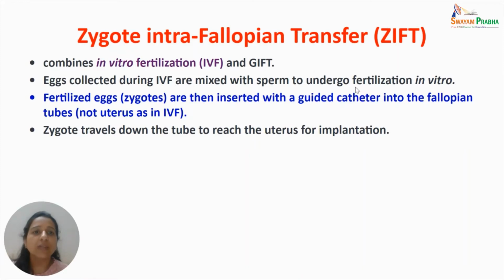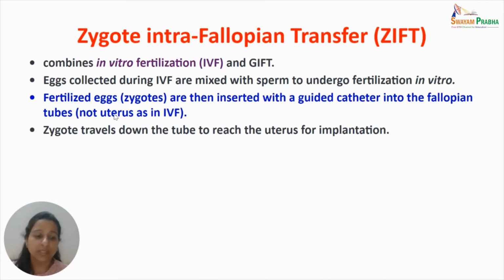So in ZIFT, the fertilization happens in vitro and the zygotes are transferred into the fallopian tube so as to start their development, unlike the IVF where the fertilized embryos are transferred into the uterus.